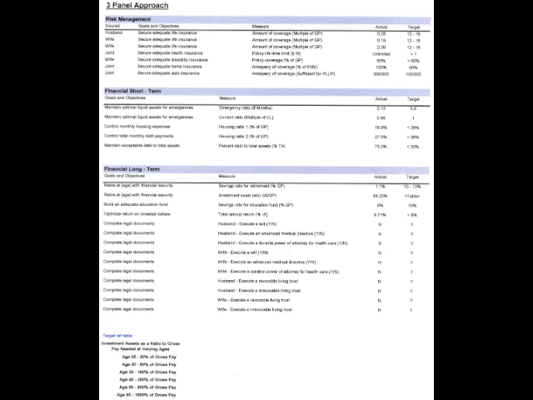But the target is we like to have at least 60 to 70% of your gross earnings available as a disability payment. Now, your home insurance is pretty good. We're going to have a minor tweak there that we're going to recommend. And your auto insurance is good, but we've identified an area where we think we can save a couple of bucks there.